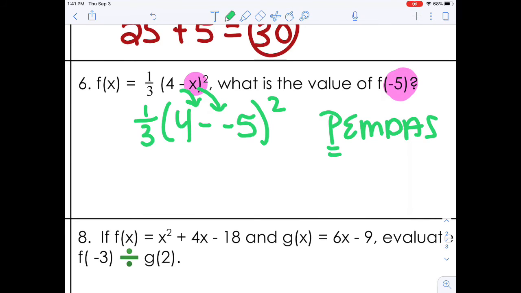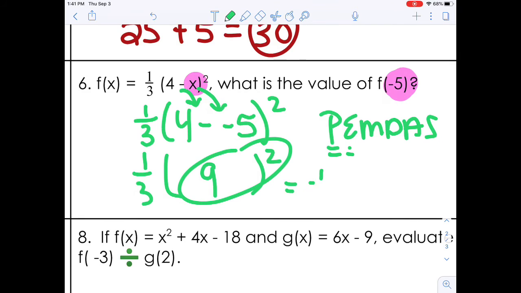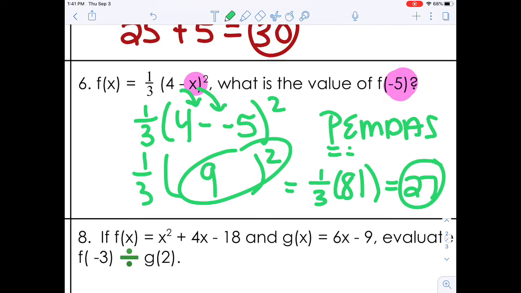So this time we actually have something in the parentheses to take care of. 4 minus negative 5 means 4 plus 5, which is 9, squared. Now we can take care of exponents. 9 squared is 81. And then lastly, a third of 81 means 81 divided by 3, which is 27.